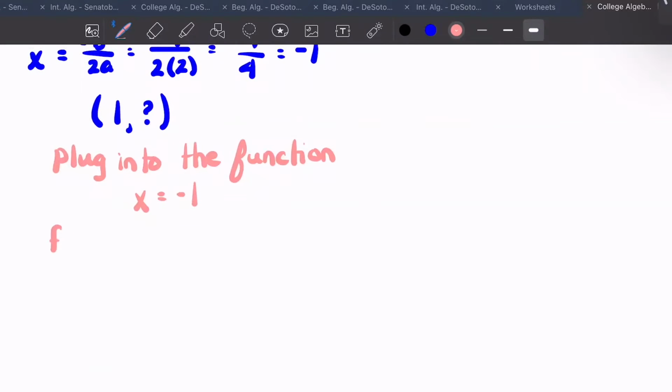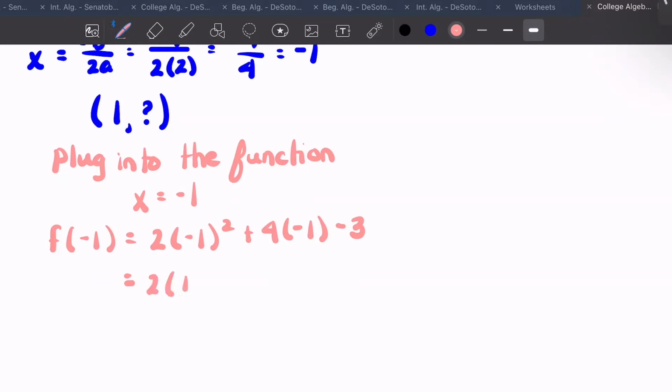We're saying f of -1 equals 2 times -1 squared plus 4 times -1 minus 3. Wherever there was an x in our function, we plugged in -1. So we get 2 times 1 minus 4 minus 3, which is 2 minus 7, which is -5.